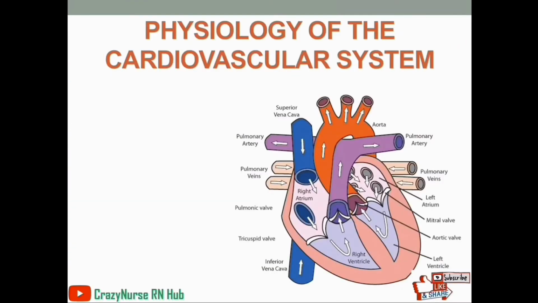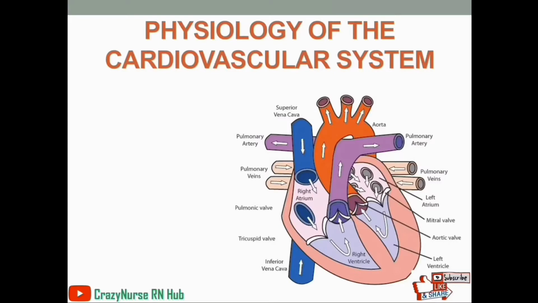Now let's discuss the physiology of the cardiovascular system. The respiratory and cardiovascular systems are closely linked and dependent on one another to deliver oxygen to the tissues of the body. Alterations in function of either system can affect the other and lead to tissue hypoxia, or lack of oxygen.